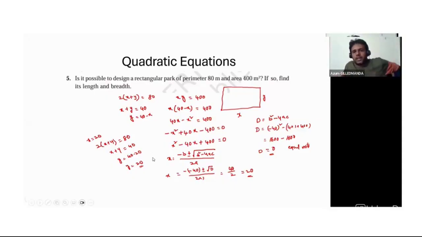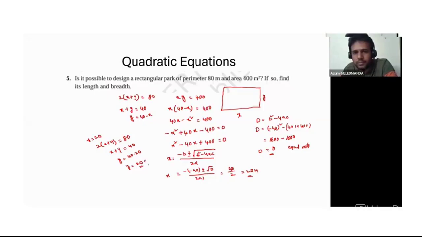So here, both the length and breadth are equal. So this is a kind of a square now, right? So yes, a rectangular park is feasible, and the length and breadth of this rectangular park is 20 meter by 20 meter.